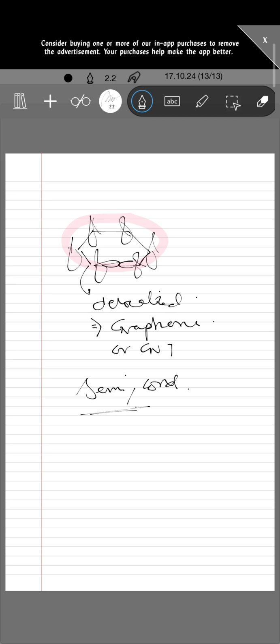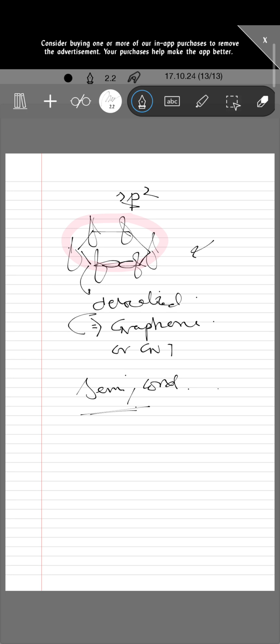Okay, and this is required. This will mostly occur when sp2 hybridization is there. However, if sp3 hybridization starts to take place in the whole system, then these delocalized electrons are hindered.